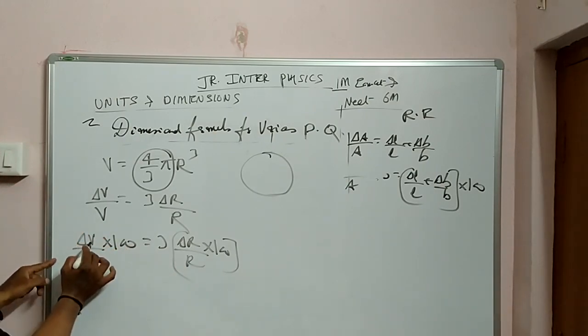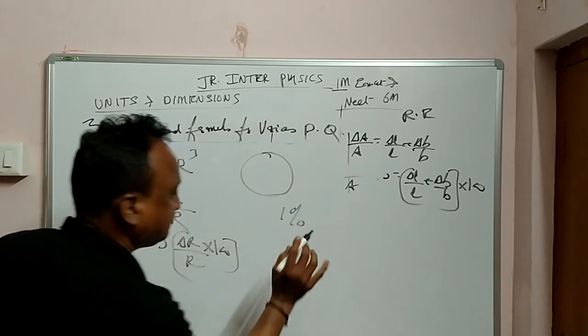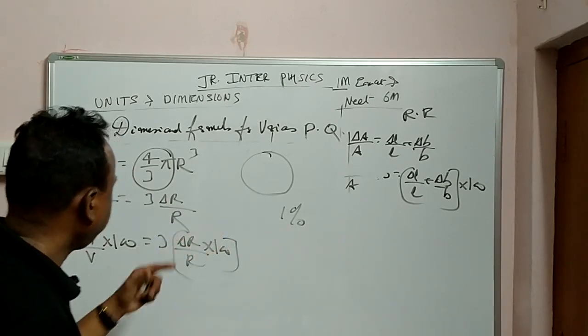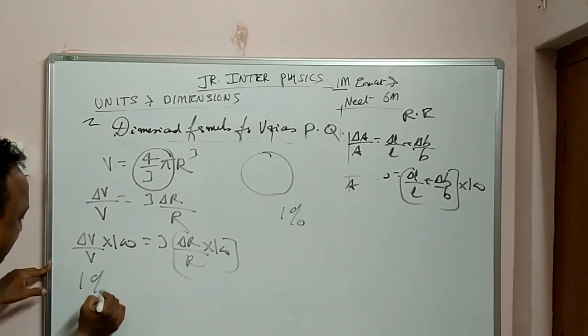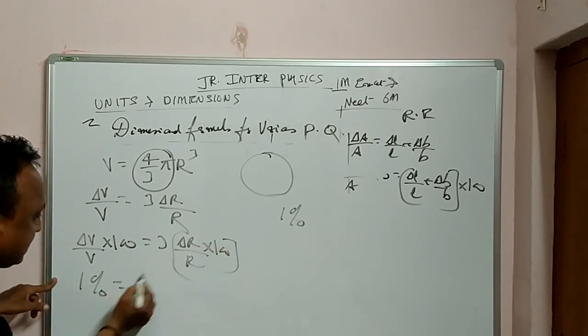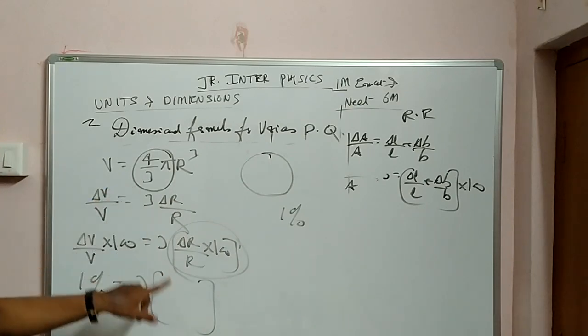That means, for example, if the change in volume percentage is 1%, then this is 3 times the radius change. So like this also you can solve the numericals in error analysis very fast.